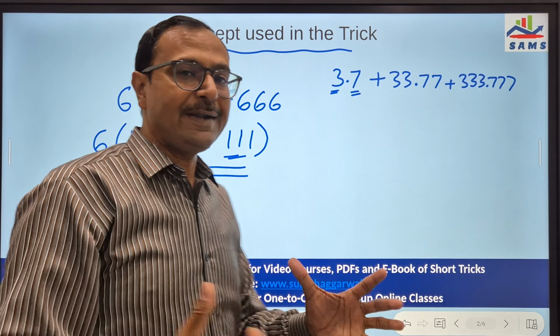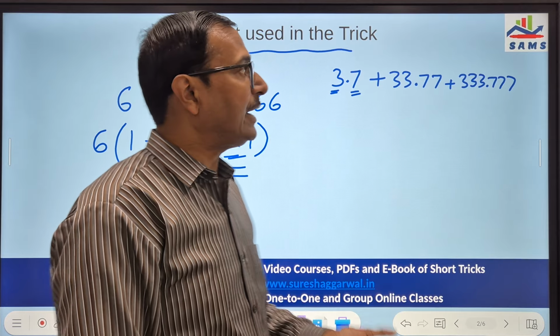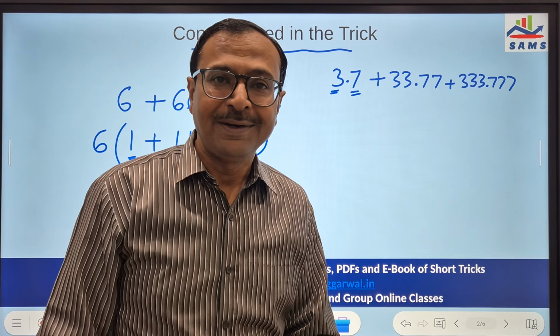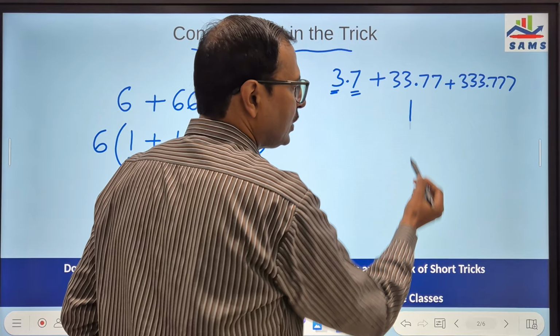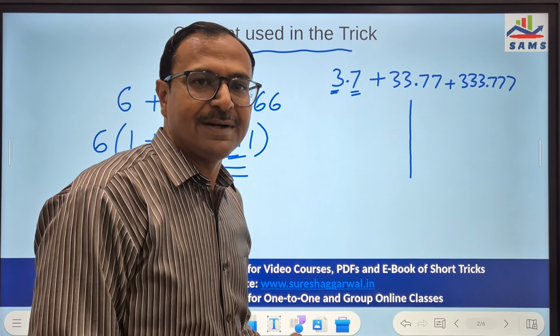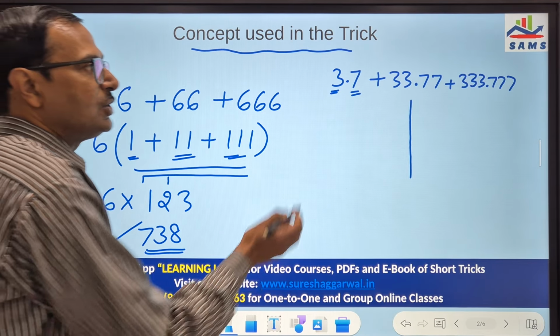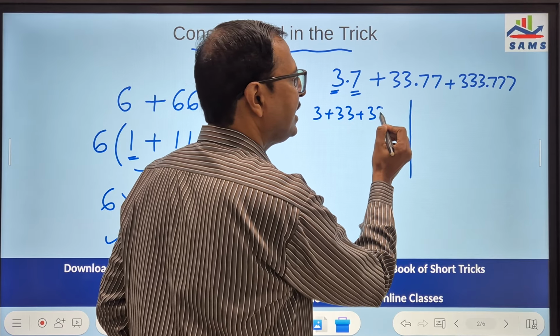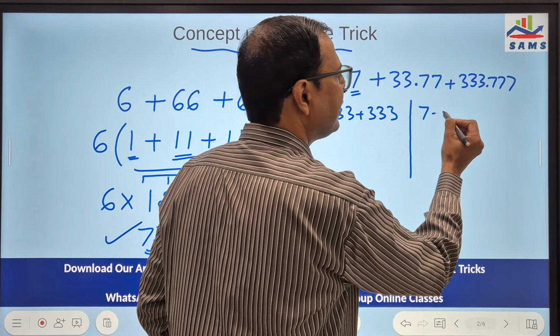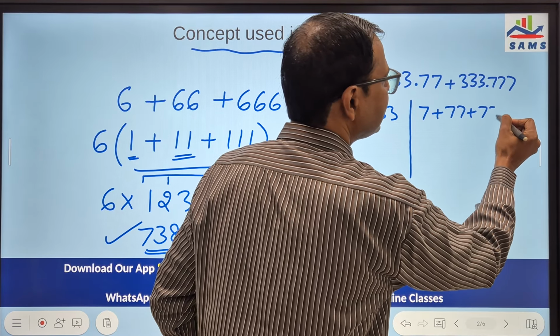And now I want to find the sum of these 3. Do we have to write them one below the other now? Not at all. Why? Because this is actually a combination of two different series like this. So before decimal we have 3, 33 and 333, and after decimal you have 7, 77 and 777.